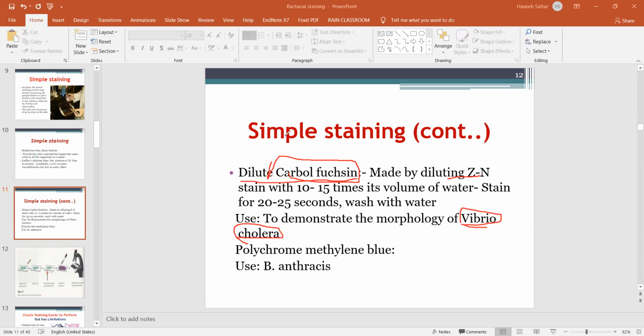If you suspect your patient has Vibrio cholerae, or to identify Vibrio cholerae in a sample, we can use this stain. Another type we have is polychrome methylene blue. This dye helps to identify the Bacillus anthracis bacteria.